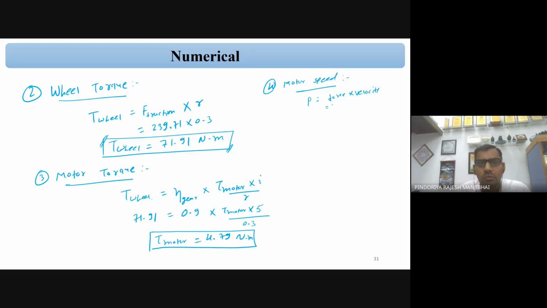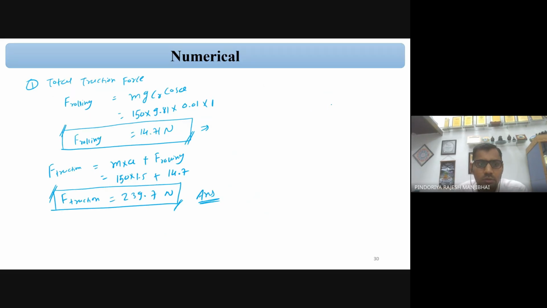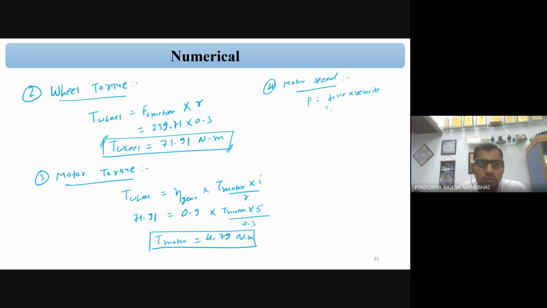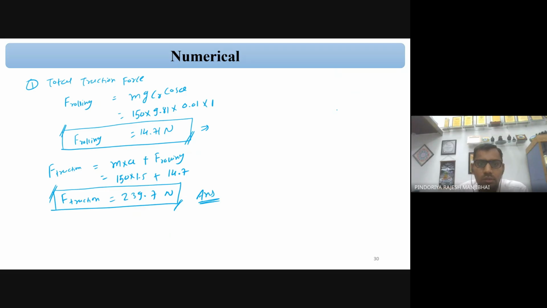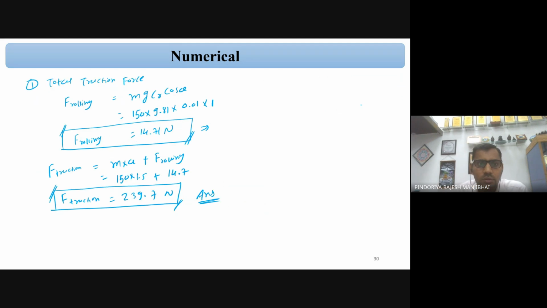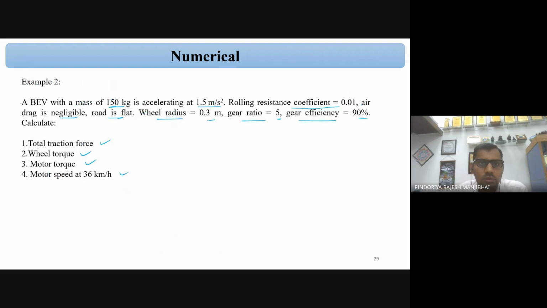So force is how much? So there is a traction force, 239.7. And what about velocity?